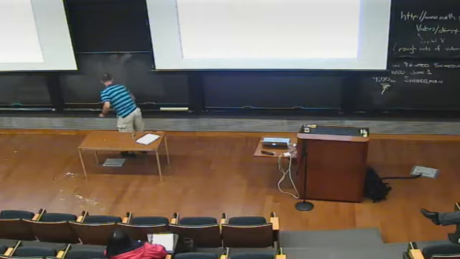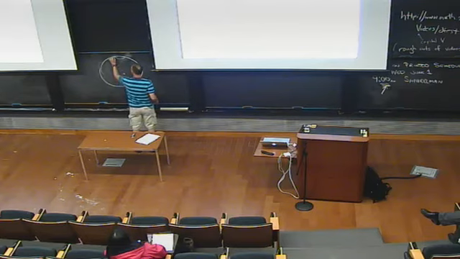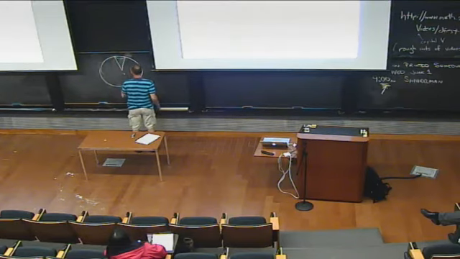Now, what do they look like? Let's start with H^n. It's an exercise to see that if you take, say, the Poincare ball model, here's the origin. You take two points at infinity and look at the rays.